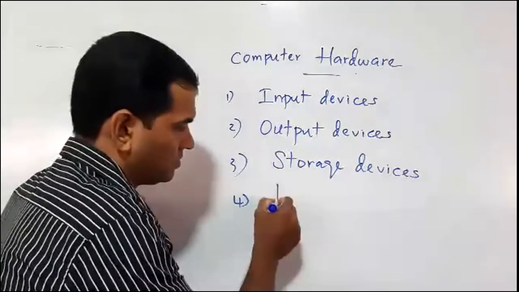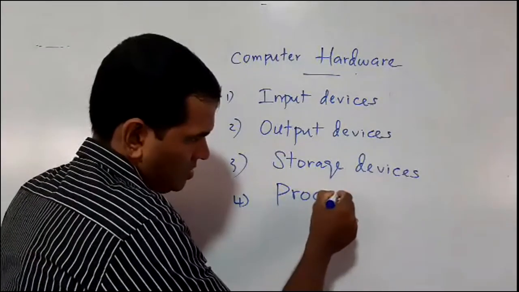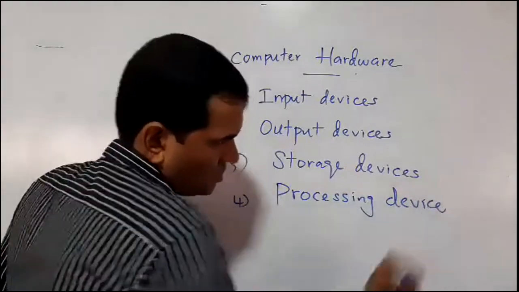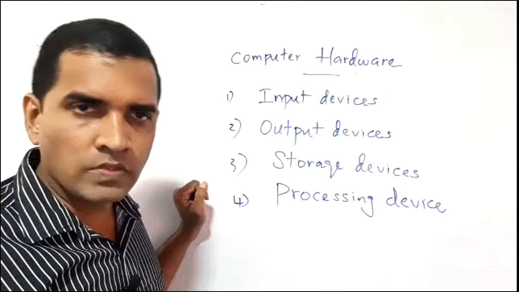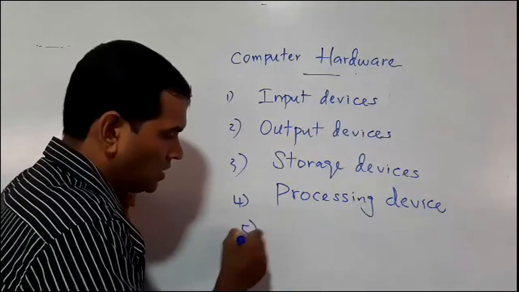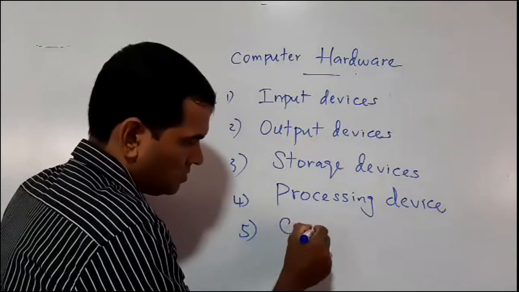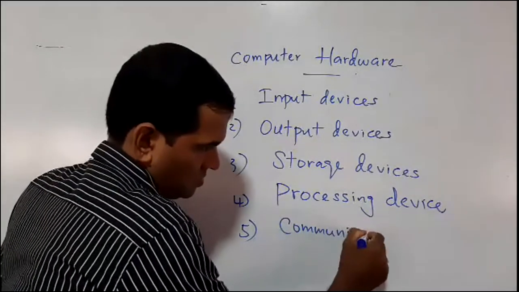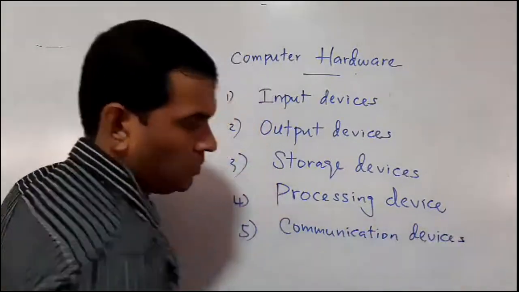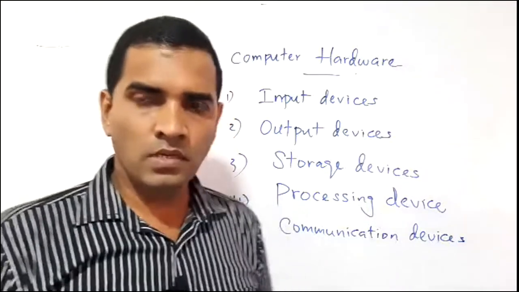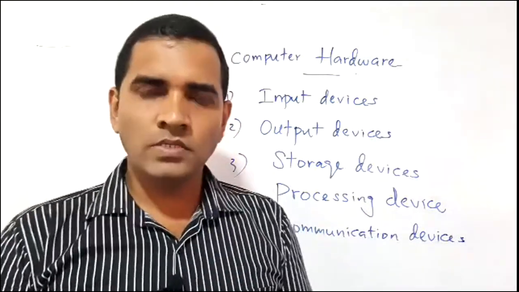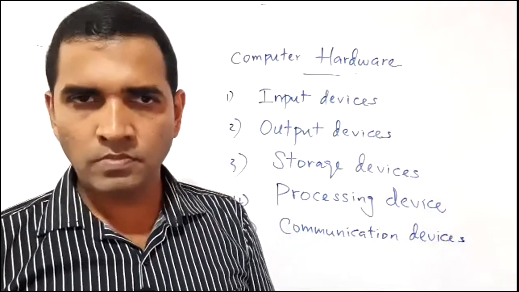Fourth, processing device. I use the word in singular, processing device. Yes, we have five types. The last one, communication devices. All these are hardwares, but they have different functions, right?